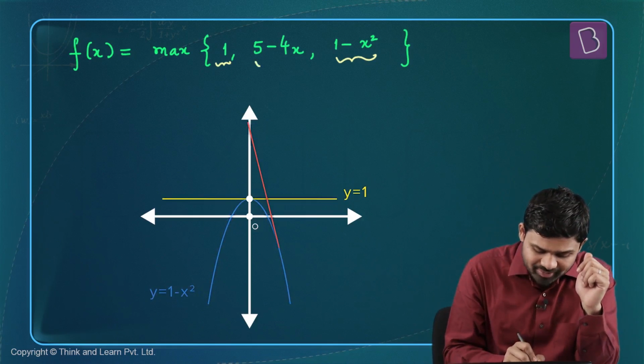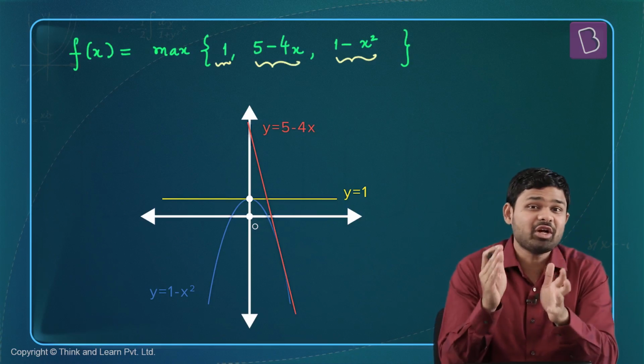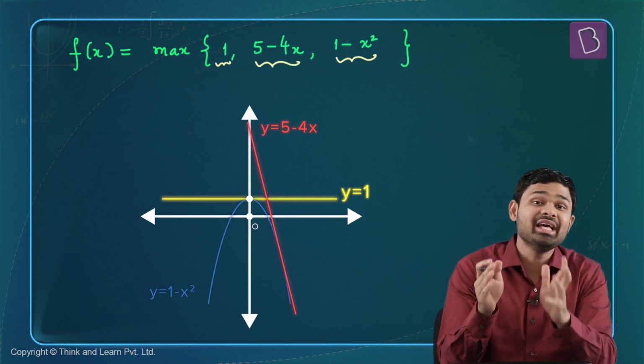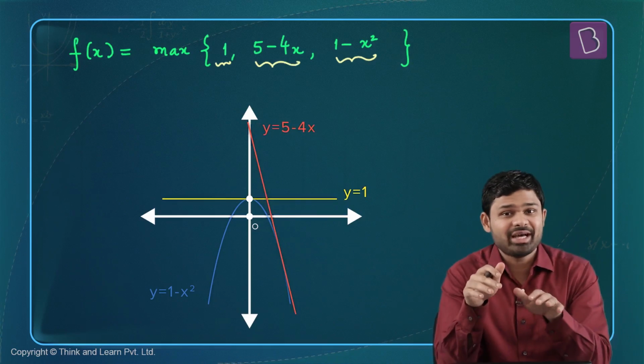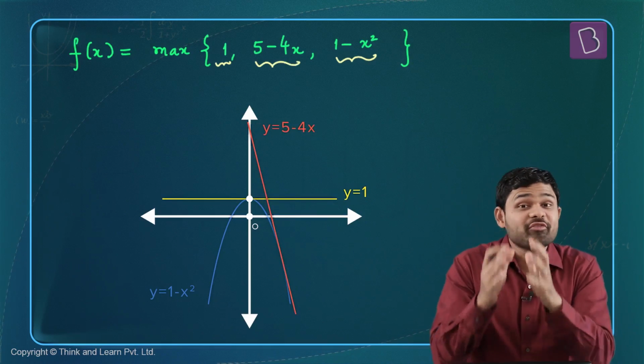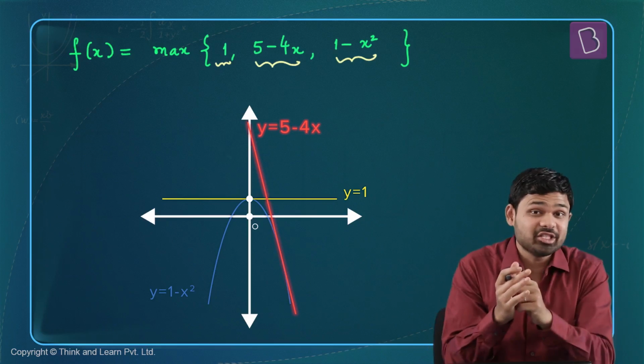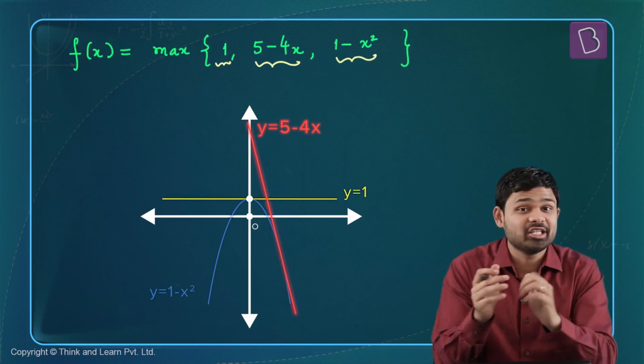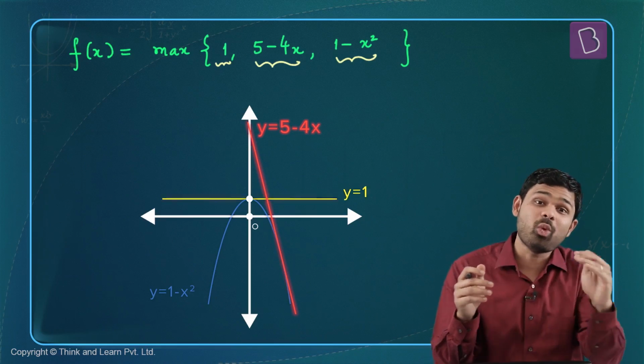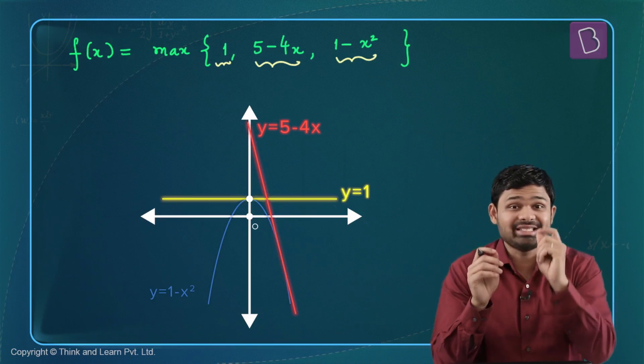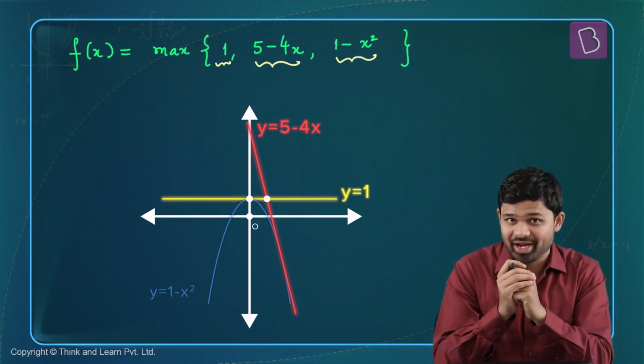What happens to 5 minus 4x? So we have to now find out the maximum of 1 and 5 minus 4x. Now 5 minus 4x is a linear graph. So if you plot the graph of 5 minus 4x, you will see that 5 minus 4x cuts the line y equal to 1 at exactly one point. That is when x equal to 1, correct?